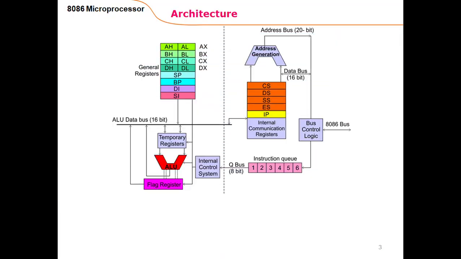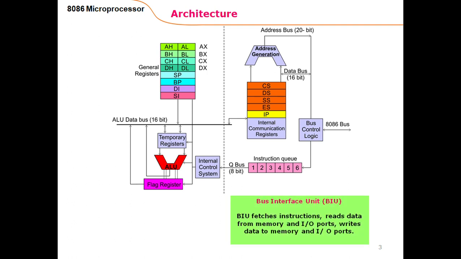To understand the architecture of the Intel microprocessor, here is the internal structure of the 8086 microprocessor, which is a popular member of the Intel family. It is a 16-bit microprocessor with 16-bit registers and a 16-bit data bus, while the address bus is 20-bit. The internal architecture of the 8086 consists of 2 main units.